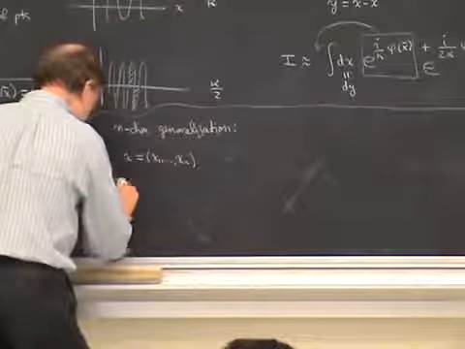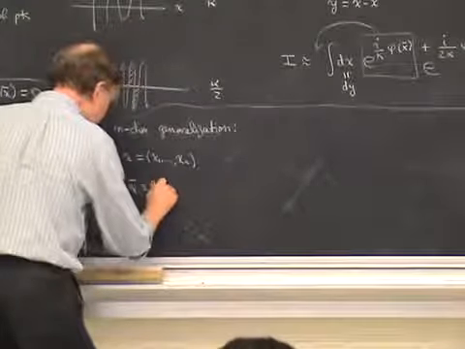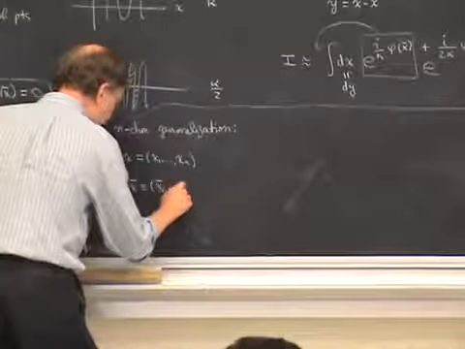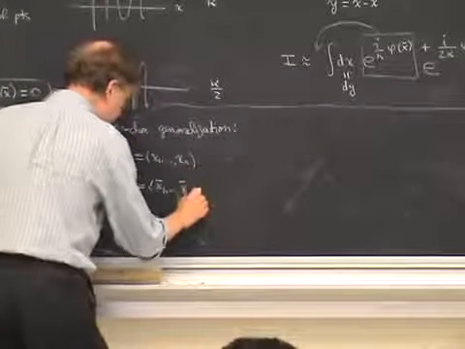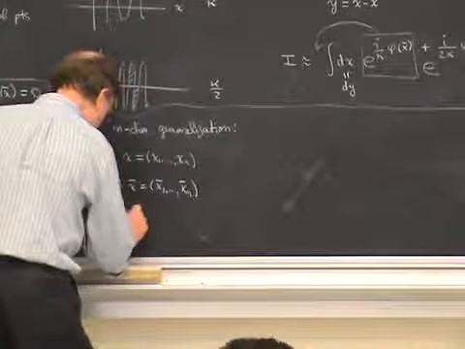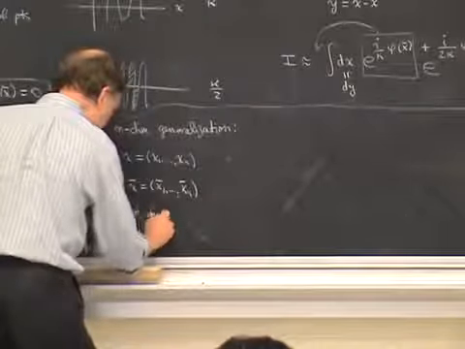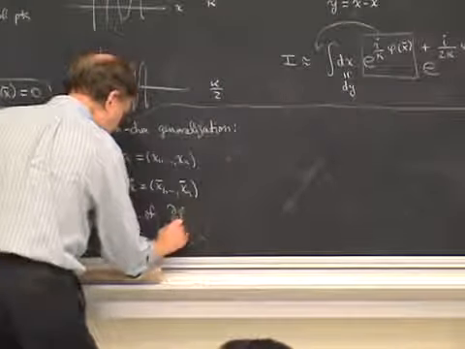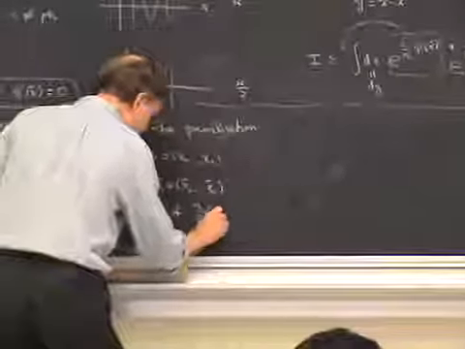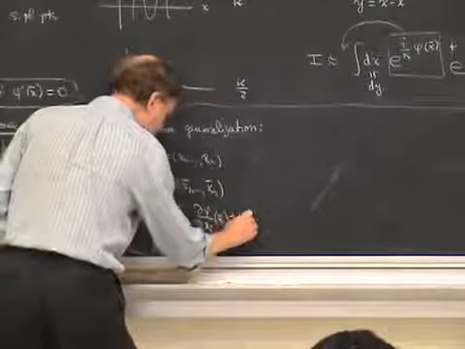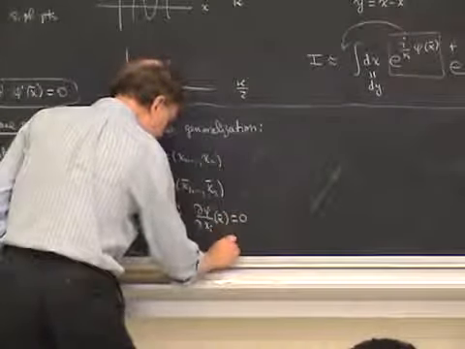And let's let x bar, which is the same thing as x bar 1 up to x bar n, be the stationary phase point, which is to say that it's a root of the equation that the derivative of the phase with respect to xi evaluated at x bar equals 0, and this is for all i going from 1 up to n.